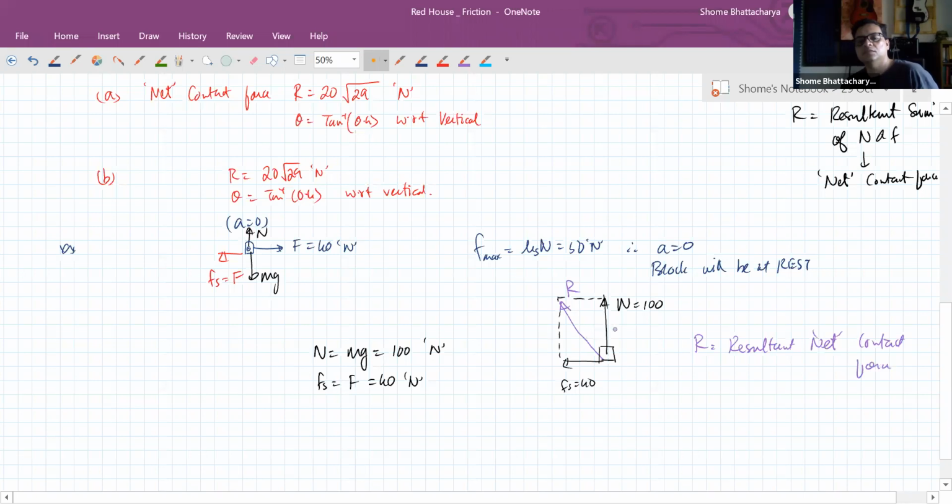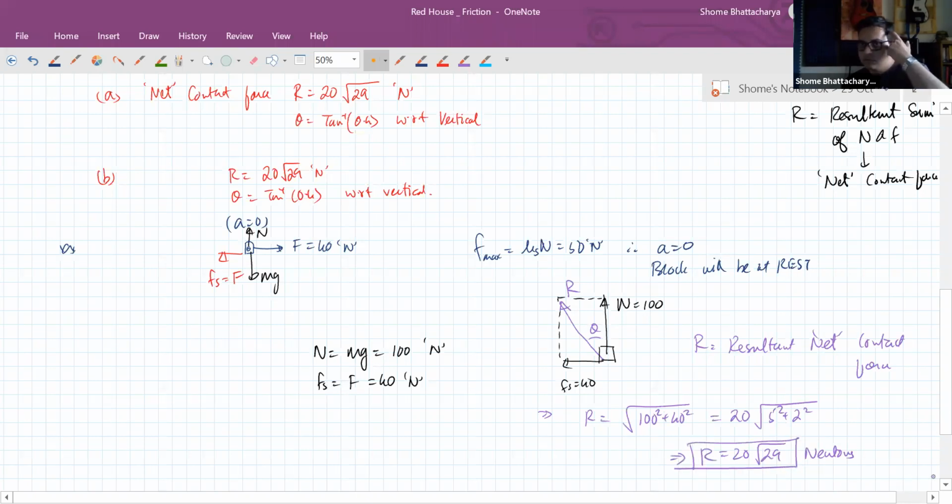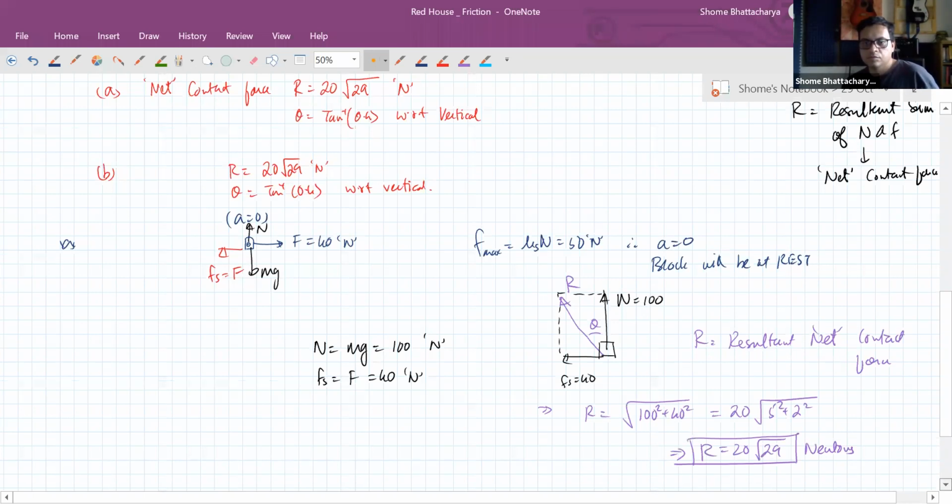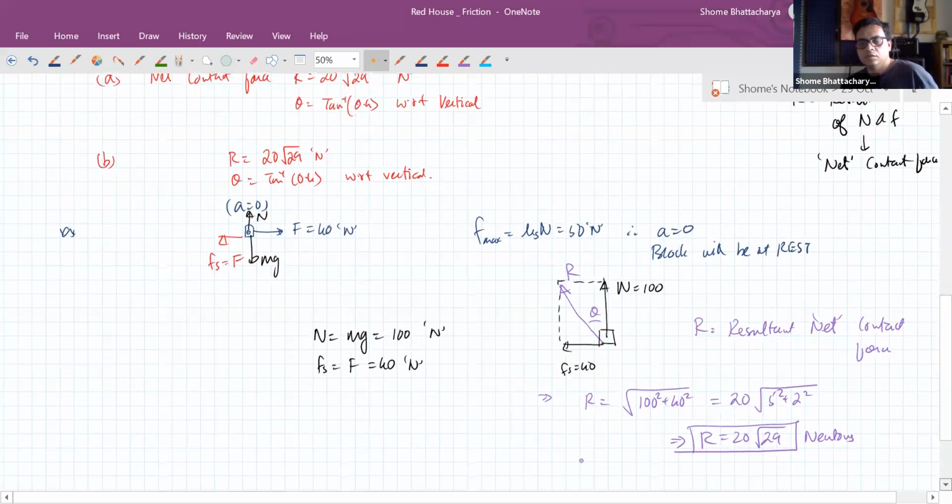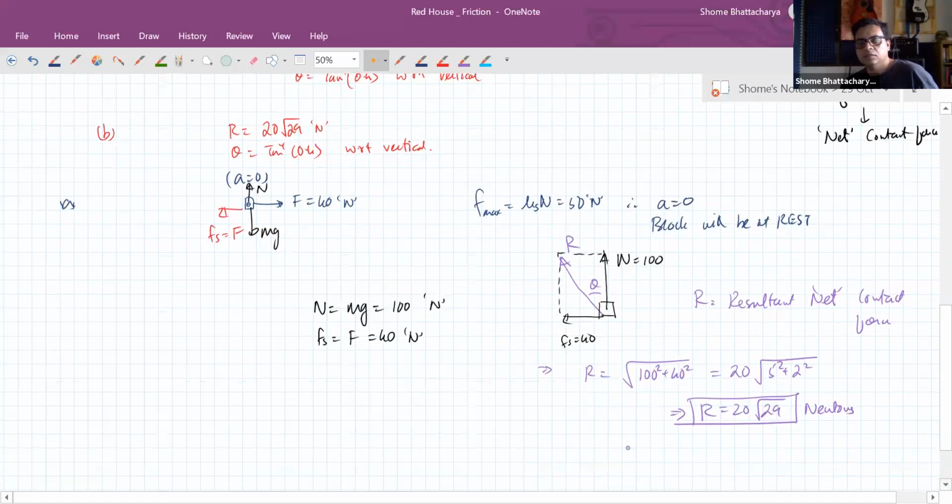And this angle is theta. This is the resultant force, and tan theta is nothing but 40 by 100.